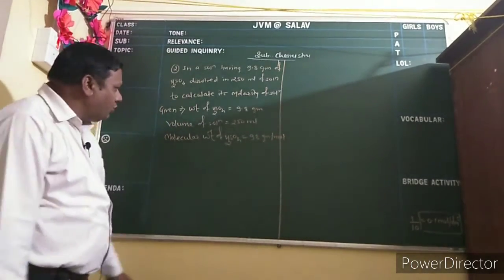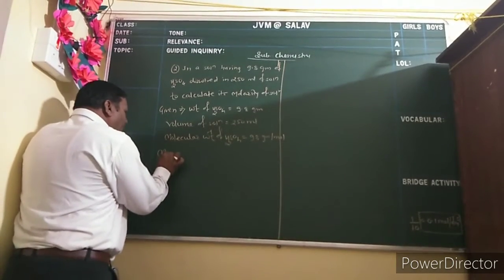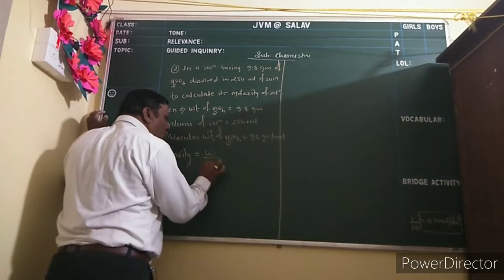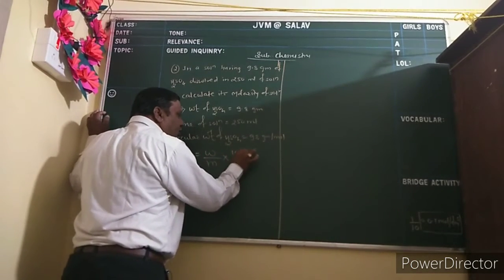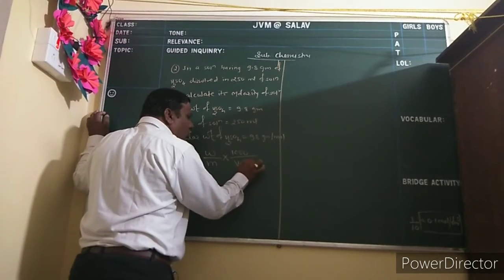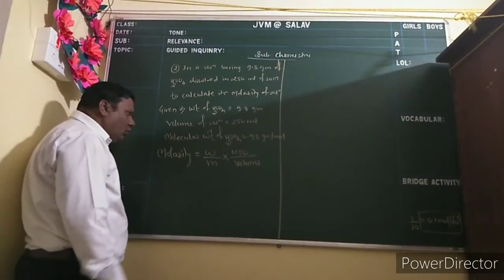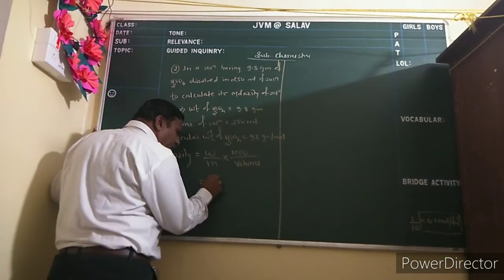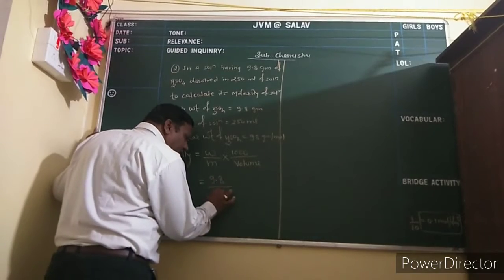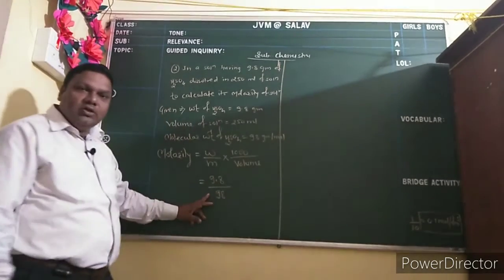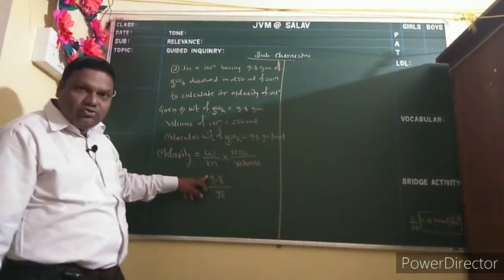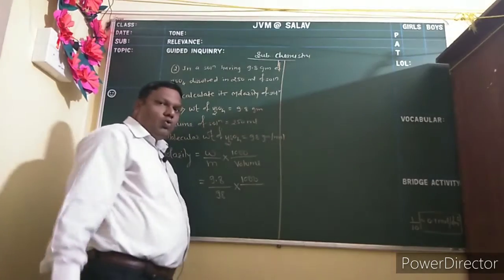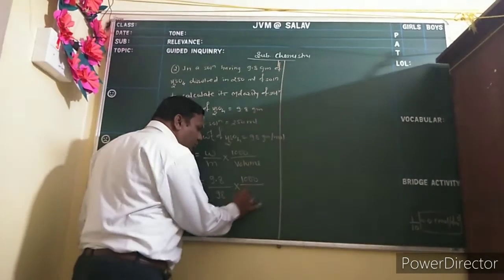Then put in the formula: molarity is equal to small w upon small m into 1000 upon volume. Small w is 9.8, small m is 98, the molecular weight. 9.8 is the given mass of H2SO4, into 1000 upon volume, which is 250.